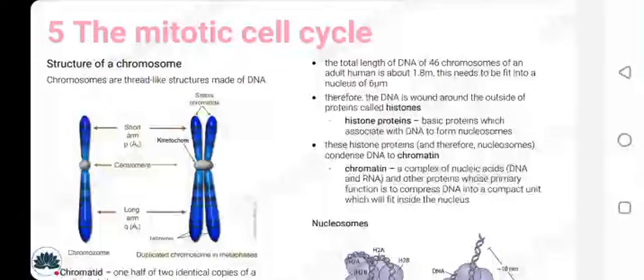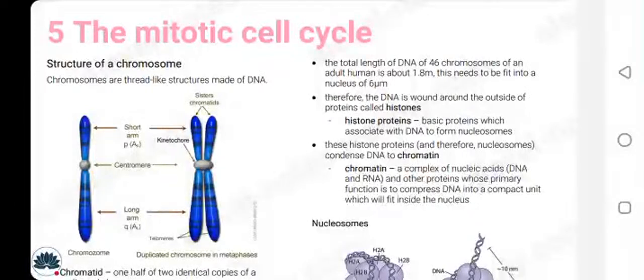Therefore, the DNA is wound around the outside of proteins called histones. Histones are basic proteins which associate with DNA to form nucleosomes. These histone proteins and nucleosomes condense DNA to make chromatin.